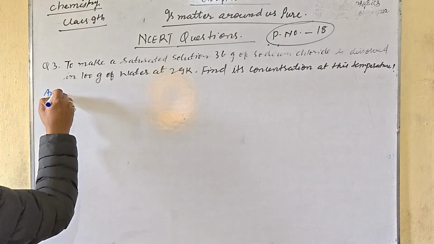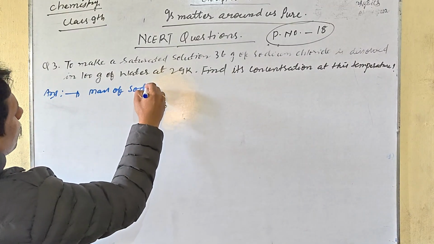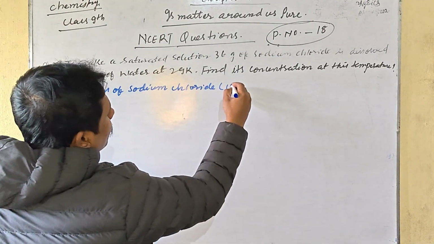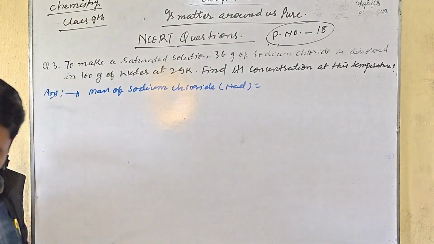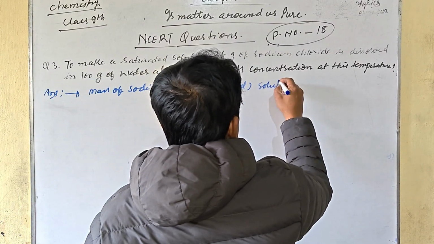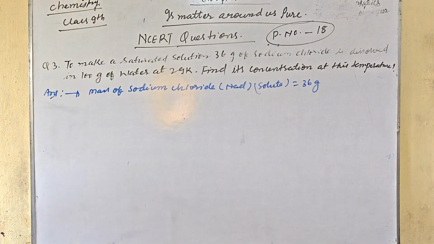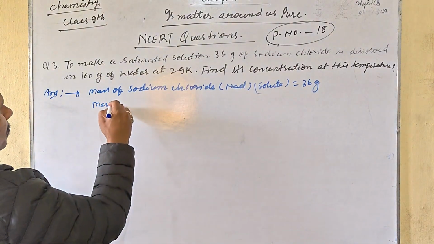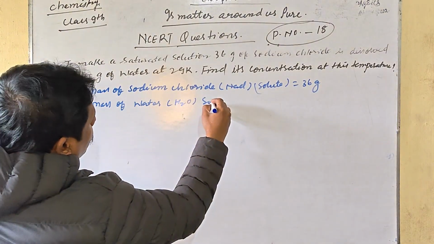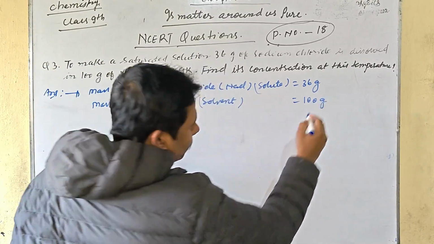Answer: mass of sodium chloride, NaCl, the solute, is 36 gram. Mass of water, H2O, the solvent, is 100 grams.